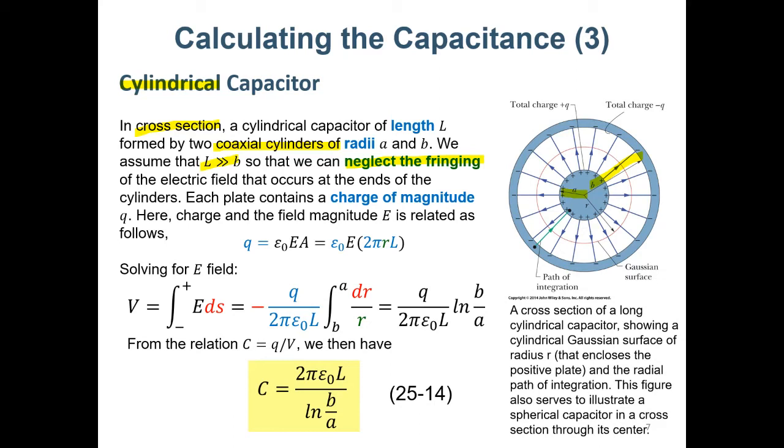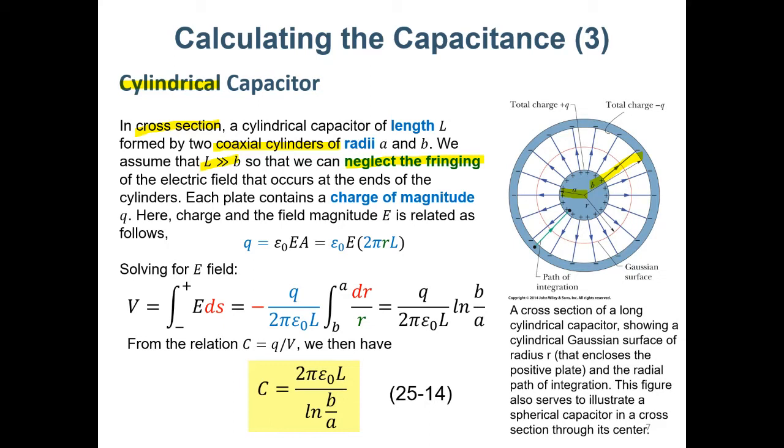But near the outside, the E field will be somehow like this. Here we ignore this fringe effect and only consider the E field inside this cylinder.